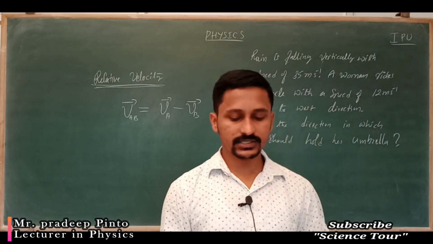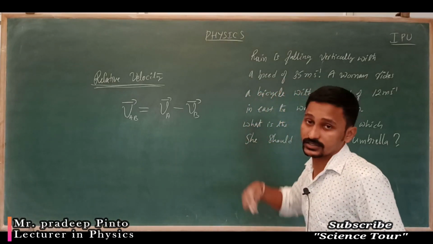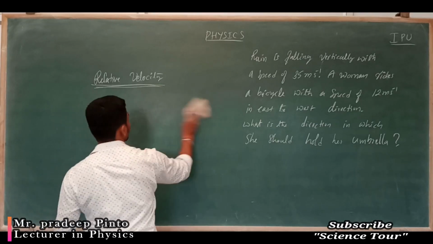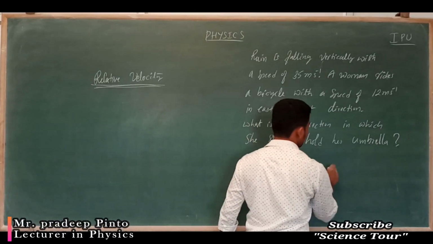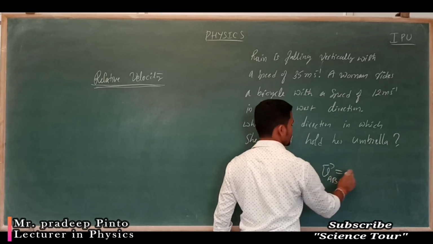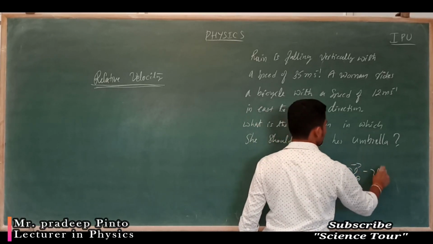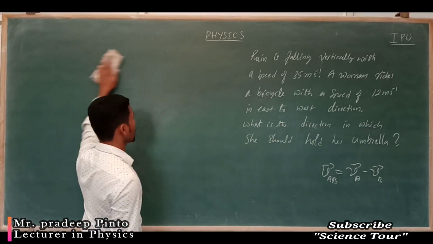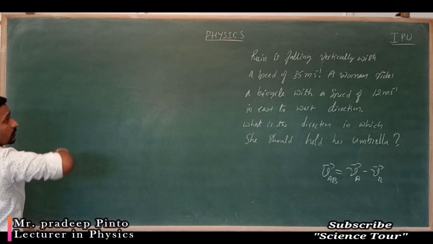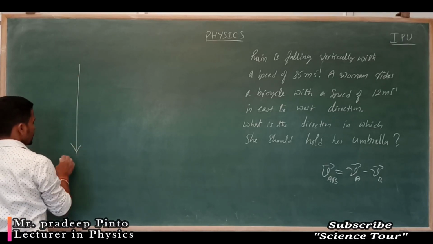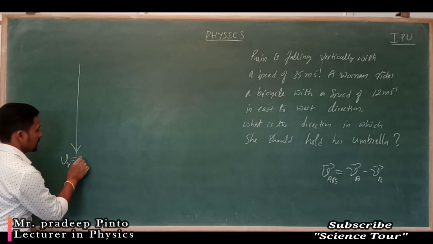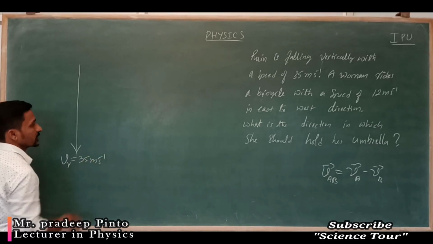Now a numerical sum is given so that we can understand the relative velocity in 2 dimensions. See, I will erase this formula and write here: V A with respect to V B is equal to V A minus V B. See, rain is falling vertically down, means the rain direction is in this way, at a speed of 35 meter per second.